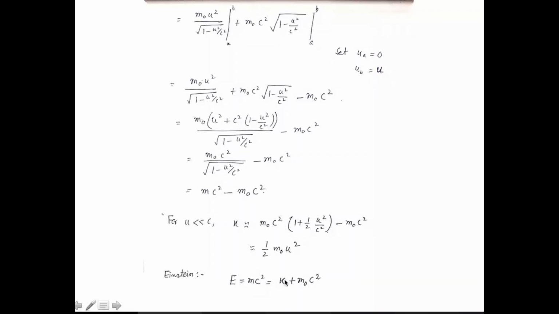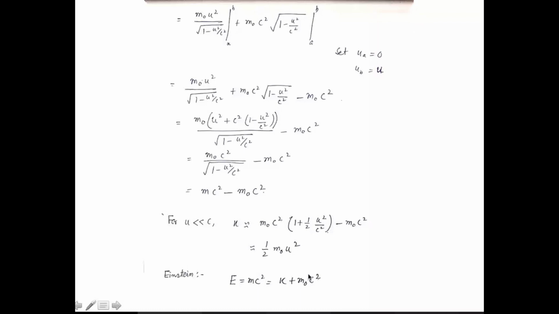He didn't say kinetic energy, he said it's work done on particle, and the other term is the rest mass energy or the rest energy of the particle, which is the internal energy which the system has acquired due to its mass. Due to it being massy, it has an energy stored into it, which is given by this m naught c squared term.